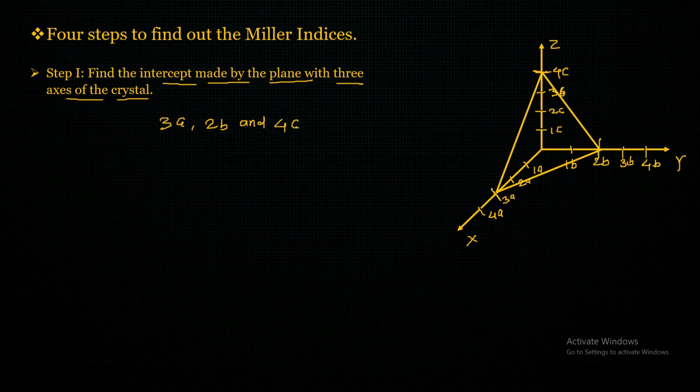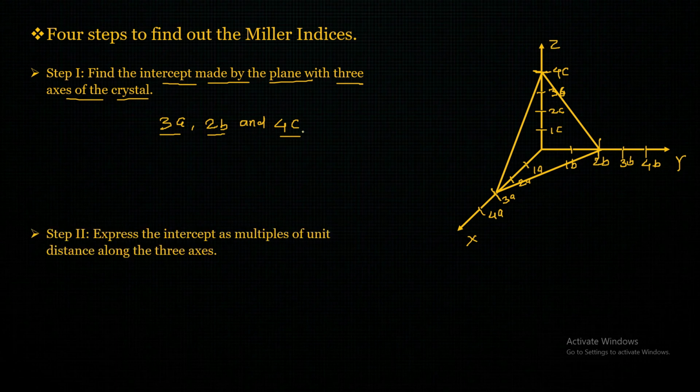Boss, this is our first step. क्या है first step? Find the intercept made by the plane with 3 axes of the crystal. अपने केस में वो intercept है 3a पे, 2b पे और 4c पे.